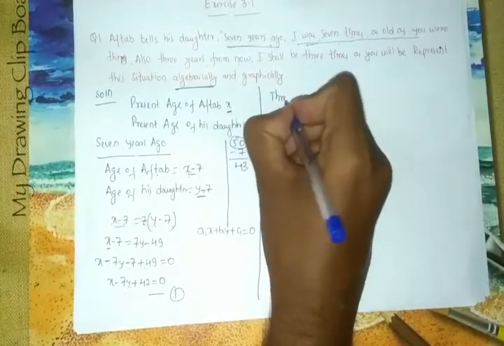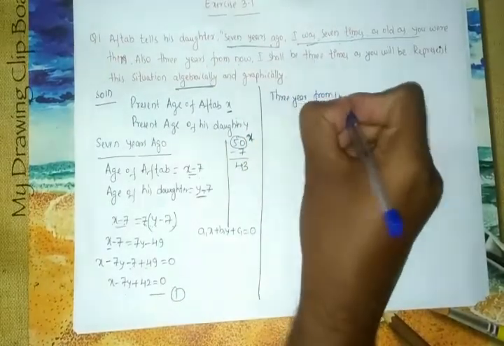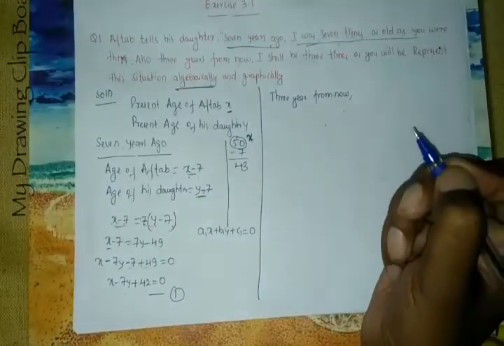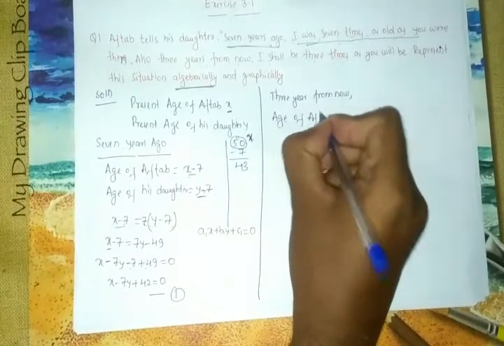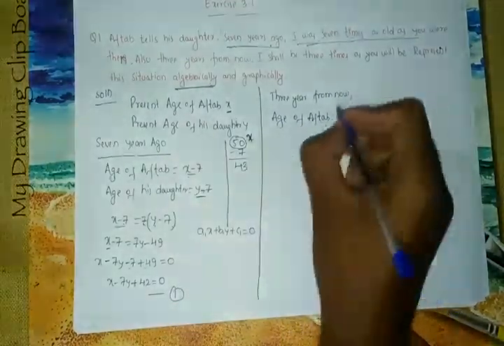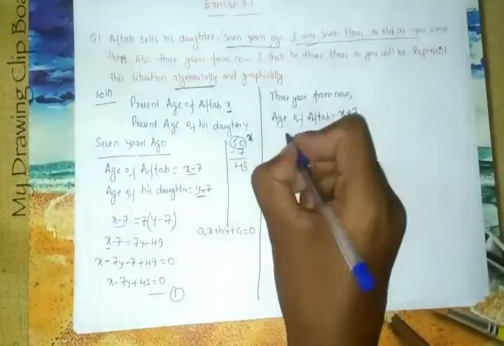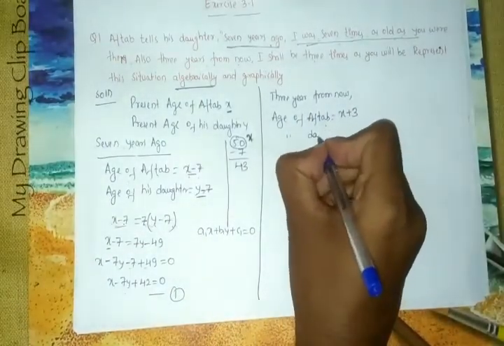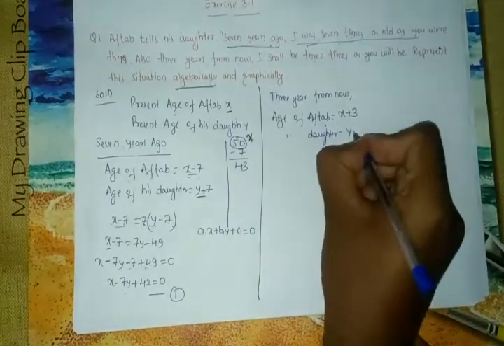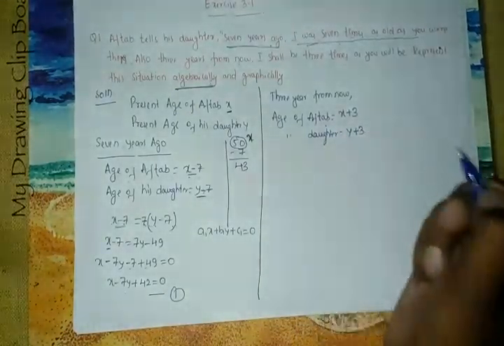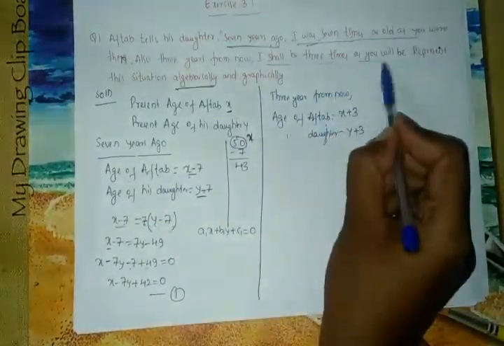let me write it clearly. 3 years from now, the age of Aftab will be x, the present age, plus 3, and the age of his daughter will be y, the present age, plus 3. It says I shall be 3 times as old as you will be.